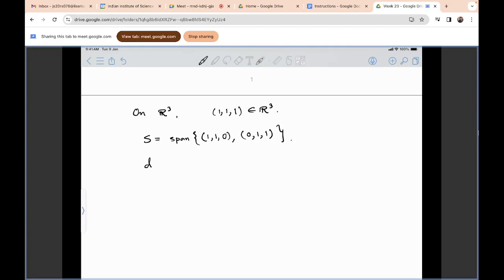So D is the distance of (1,1,1) from that subspace S. Then we have to find 3D squared.